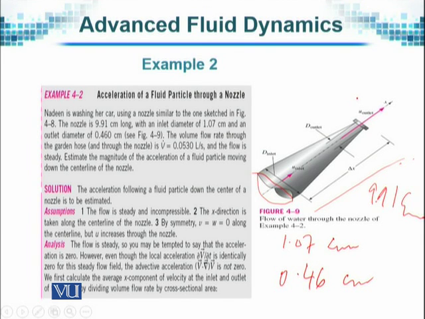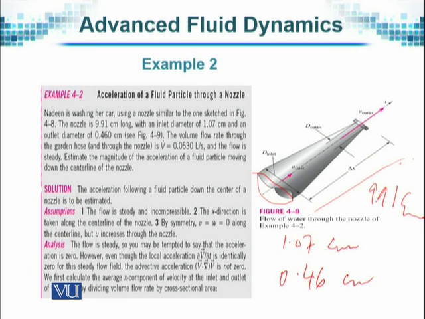As roughly depicted in the picture, the volume flow rate through the garden hose and through the nozzle is 0.053 liters per second, and the flow is steady.